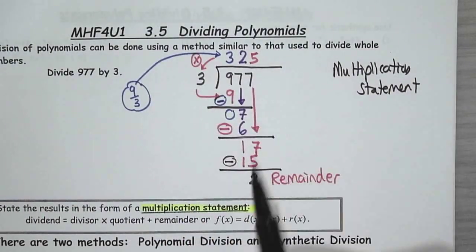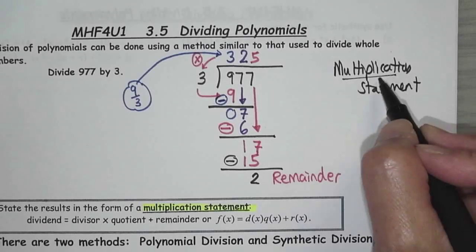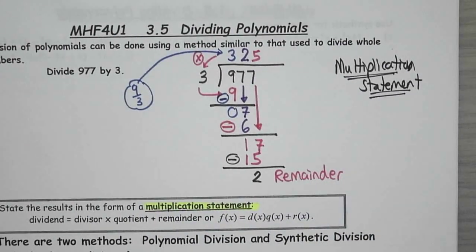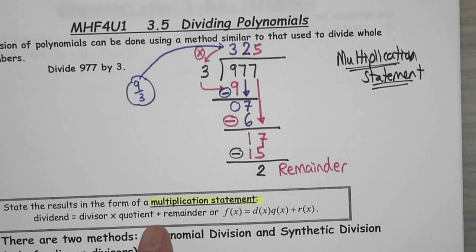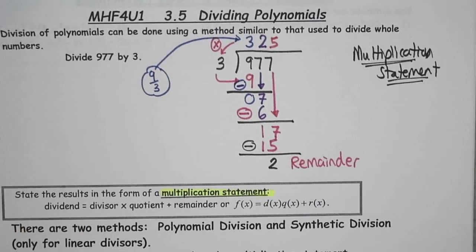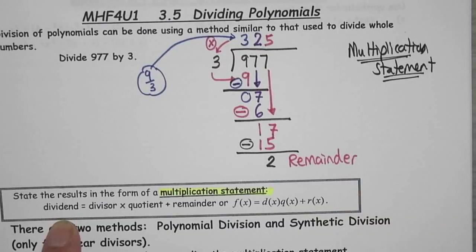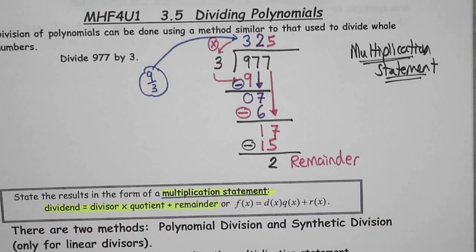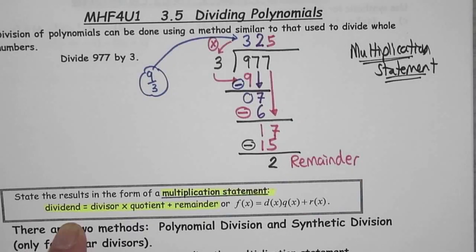Leave some room around here because I'm going to label a couple of things. I want you to start with the dividend. The dividend is what you end up with.